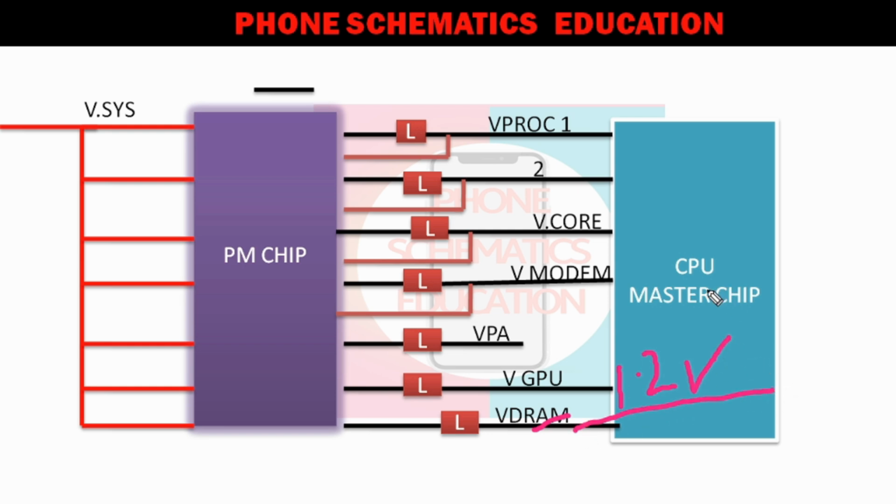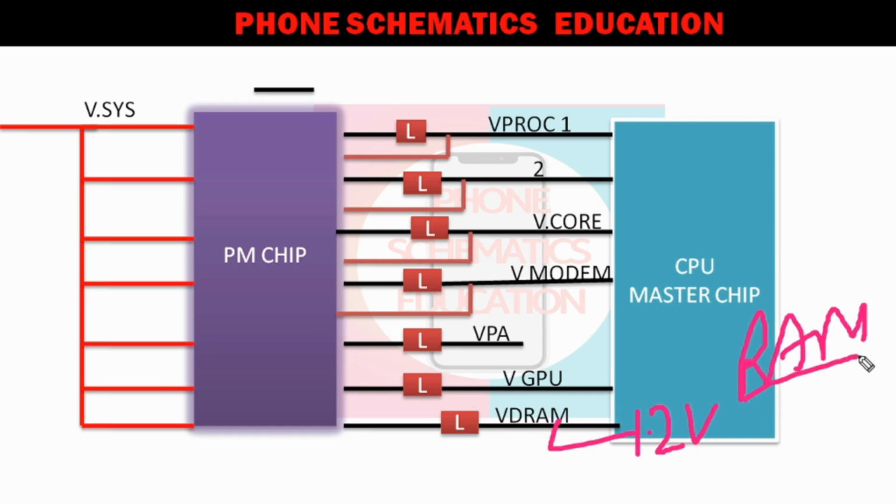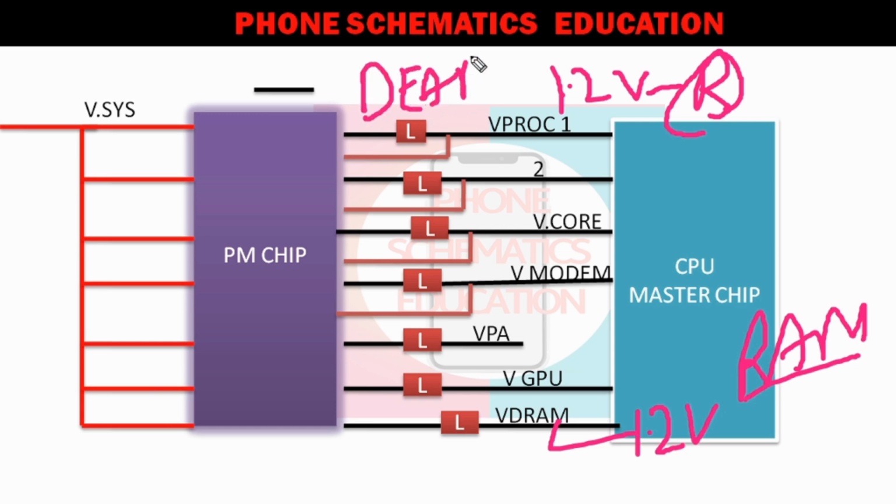This line goes to the CPU, is also connected to the power IC, and also connected to the RAM, right? So, if RAM does not get this voltage, RAM does not activate and your phone does not boot properly, I mean to say it is in a dead condition. So, this voltage is a must-check voltage in a dead phone.